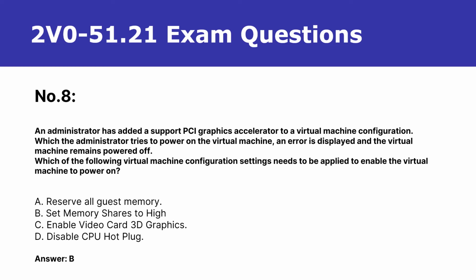Number 8. An administrator has added a supported PCI graphics accelerator to a virtual machine configuration, which the administrator tries to power on. An error is displayed and the virtual machine remains powered off. Which of the following virtual machine configuration settings needs to be applied to enable the virtual machine to power on?